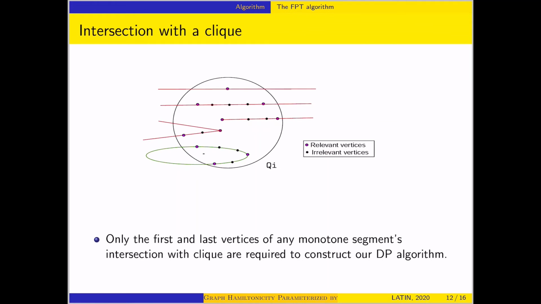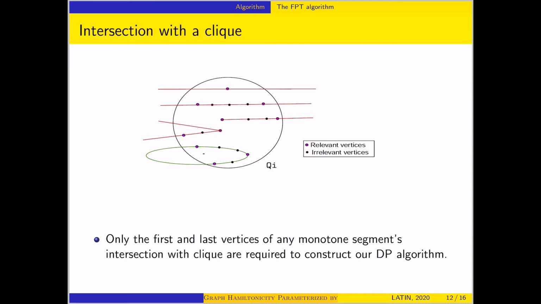So, now instead of trying to find cycles that together cover all the vertices, we are trying to find a bunch of monotone segments that should have some intersection properties and some cycles that are completely contained inside the proper interval graph. Once we know how they intersect with a clique, we will be able to design the DP algorithm.